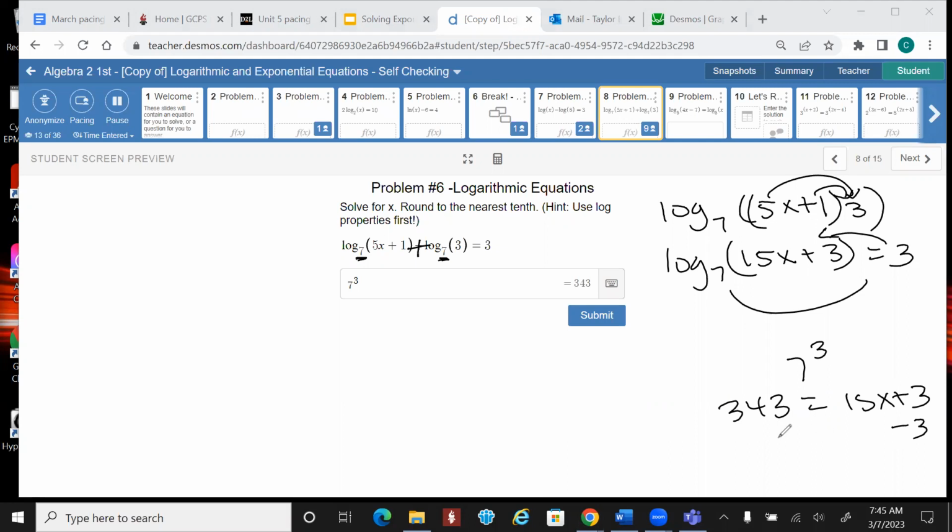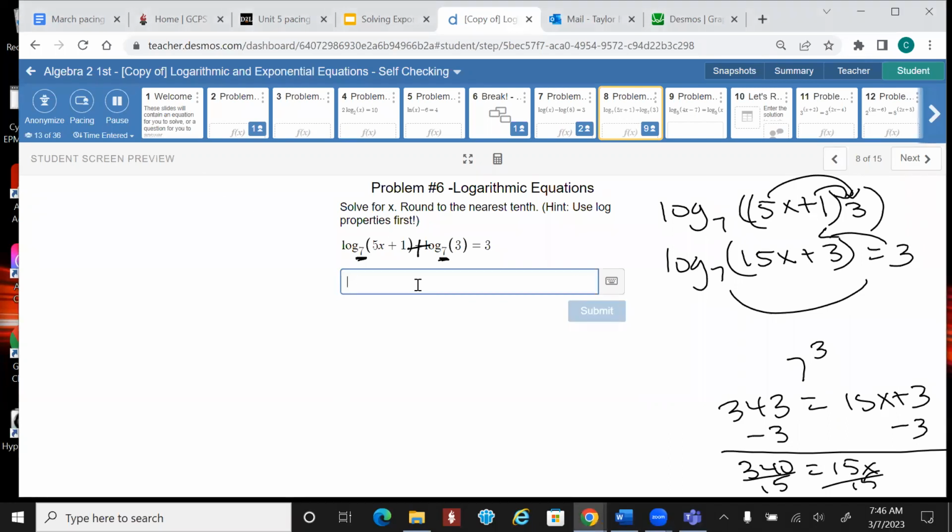If we subtract 3 from both sides, that's going to give us 340. We're going to divide by 15. And so 340 divided by 15 gives us 22.7.